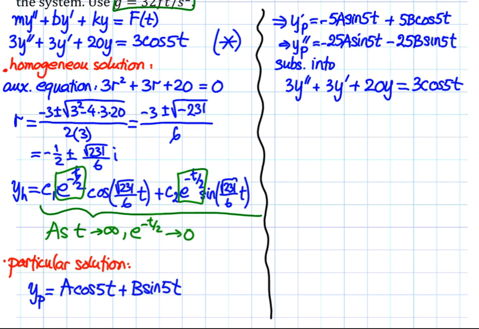First, we have 3 times the second derivative. The second derivative is this, so we multiply everything by 3.